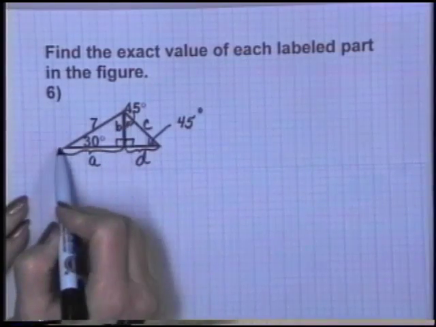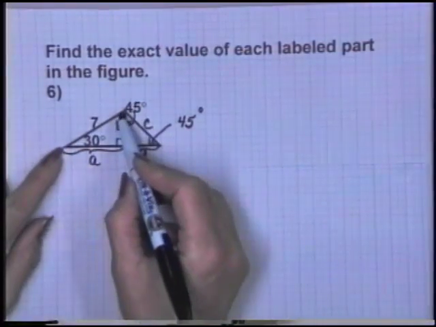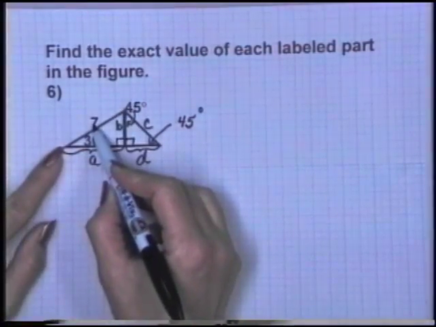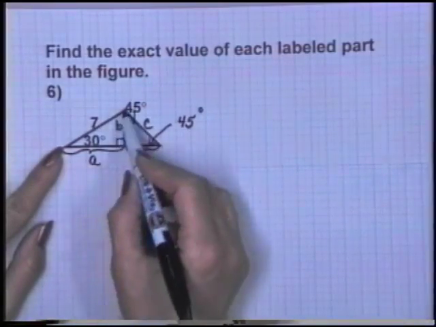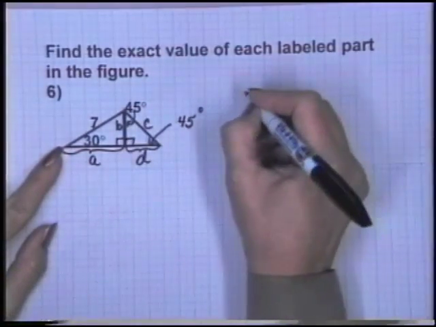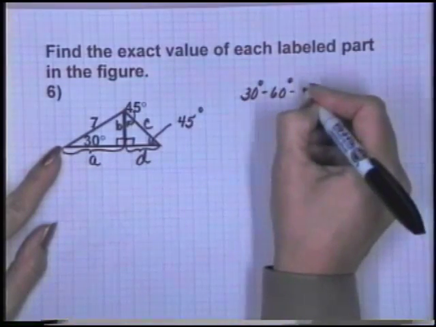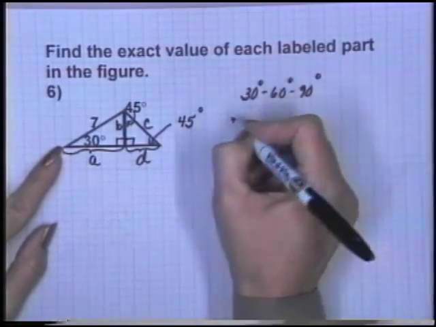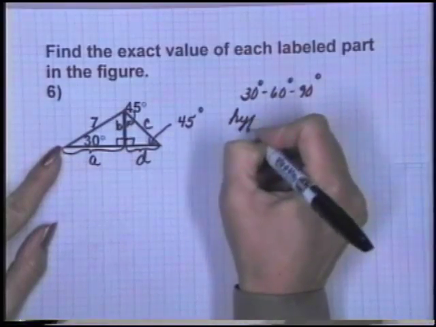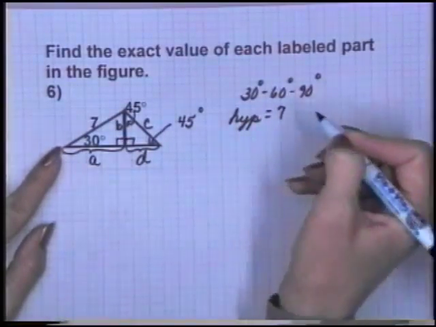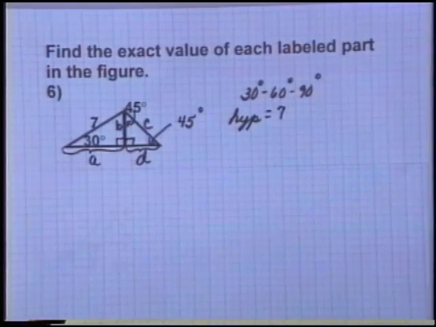What I have in this 30, 60, 90 triangle is that the hypotenuse is 7.